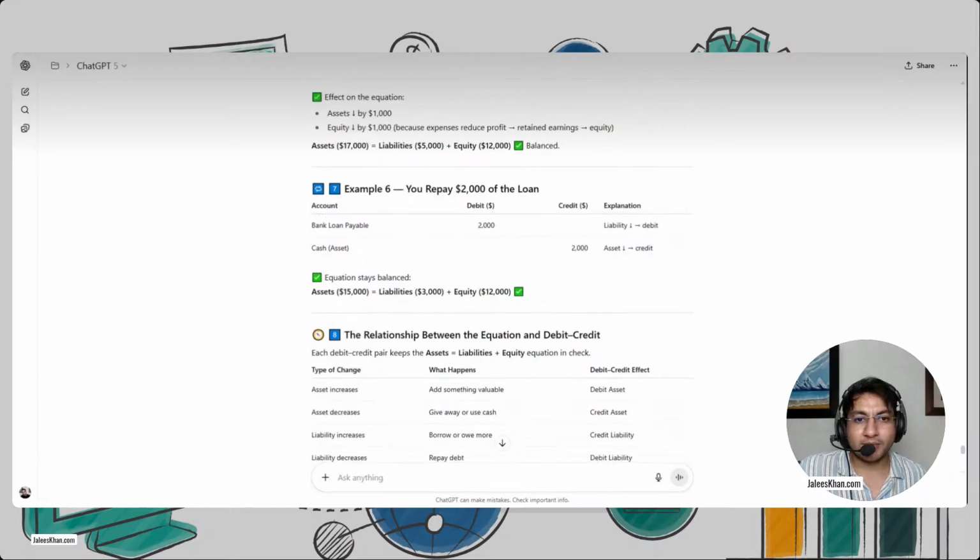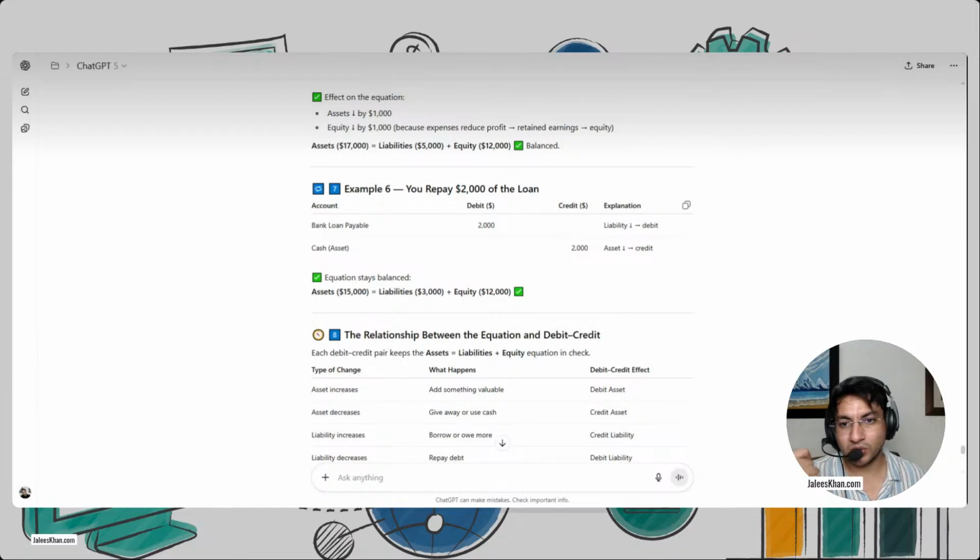Example 6. You repay $2,000 of the loan. Bank loan, we repaid. What does this mean? How did I repay? From the cash I have. Now I repay that amount, $2,000.